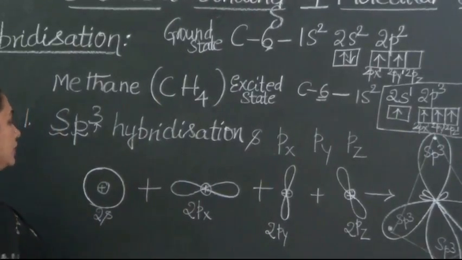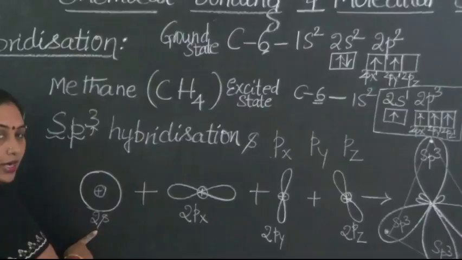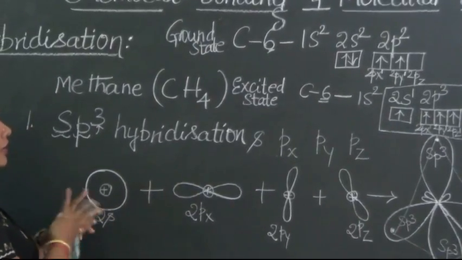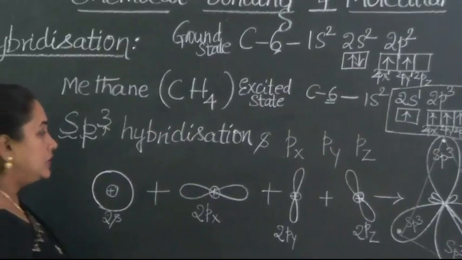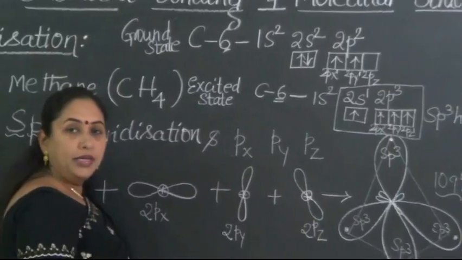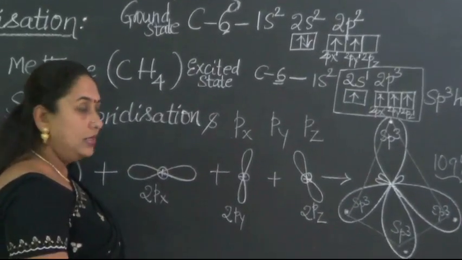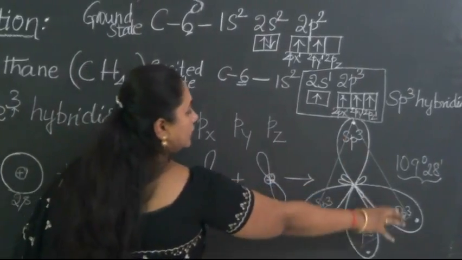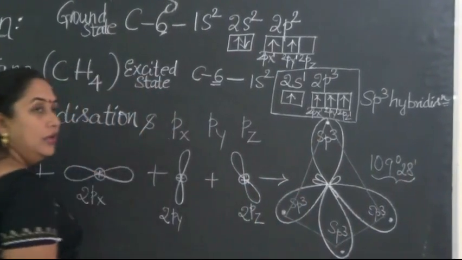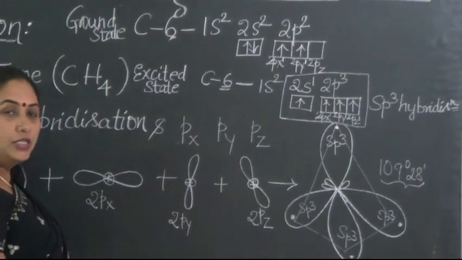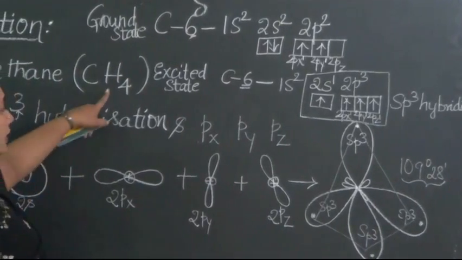But an energy difference exists only between 2s and 2p orbitals. Now they have all undergone mixing up or hybridization, resulting in the formation of 4 sp3 hybrid orbitals. So the central carbon atom has undergone this much of change. Now the carbon atom is ready to undergo bond formation with the hydrogen atoms.